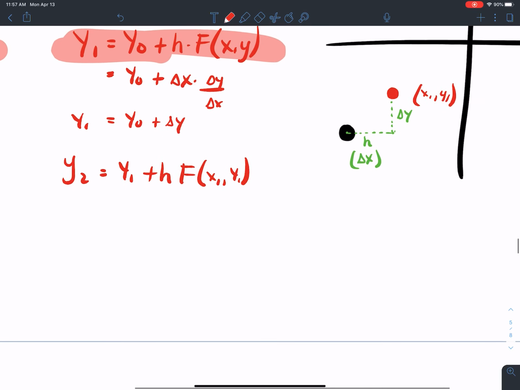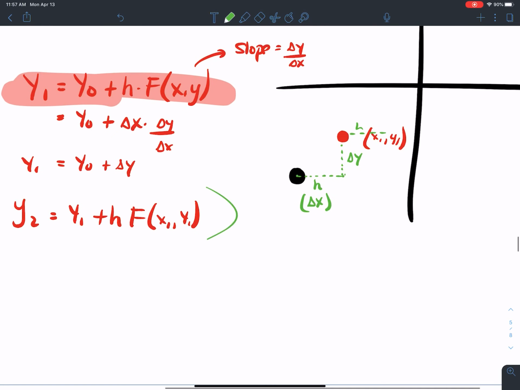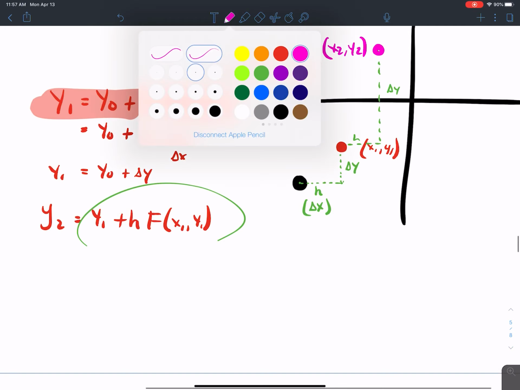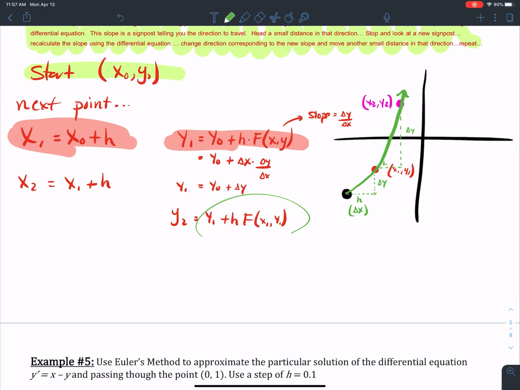So again, what I would then do, graphically, is we've made a small change. We'll call that h. And then based off of this formula here, we got the new y value. And just so it doesn't look linear, maybe this change in y was a lot bigger. So then we have another point, and this point is x2, y2. And then before you know it, if we continue to do that process over and over and over again, we can start to fit a curve that would be a solution to this differential equation.